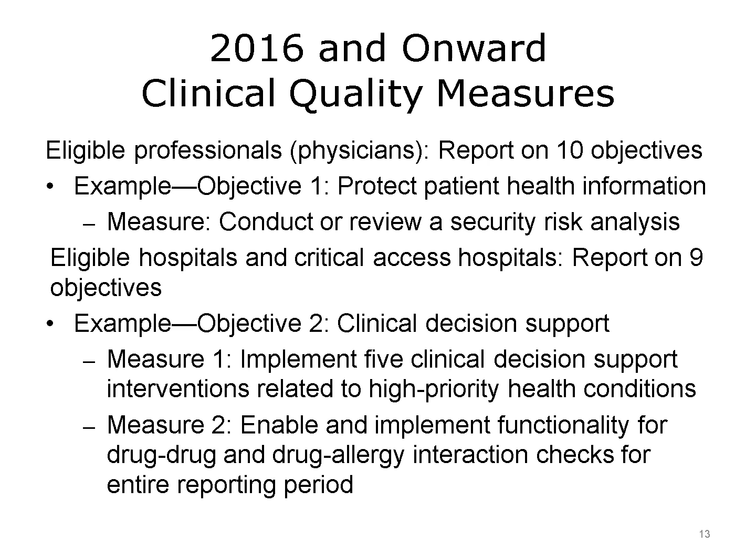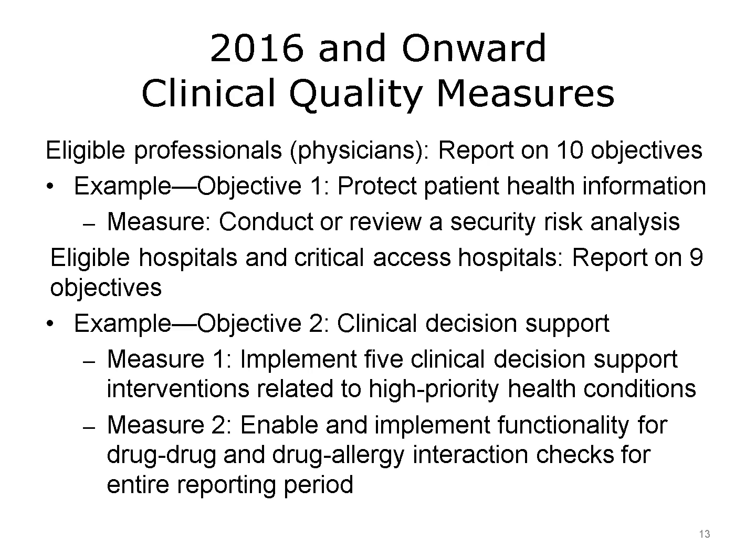The measures for each objective are similar, except for situations that relate specifically to physicians or to hospitals. For example, Objective 1 for both professionals and hospitals is Protect Patient Health Information, and the measurement that they must meet is to conduct or review a security risk analysis.